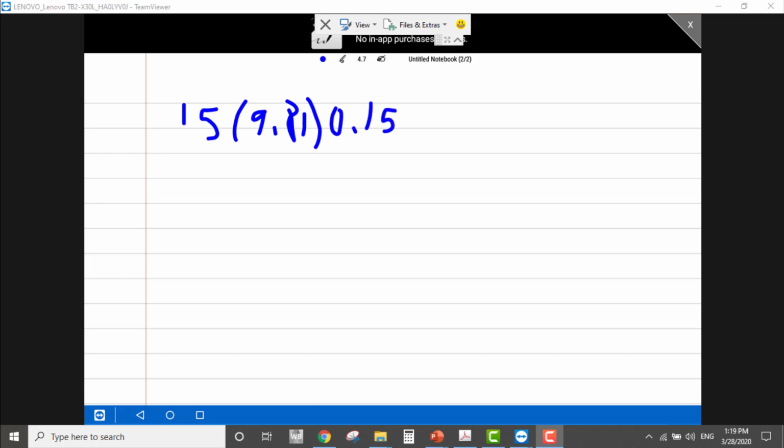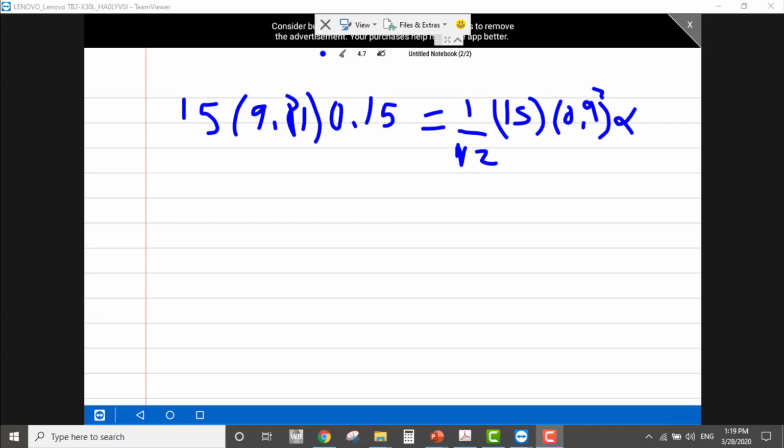And this is equal to 1 over 12 multiplied by 15, which is m, multiplied by length, which was 0.9 squared, multiplied by alpha, plus alpha multiplied by mass 15 multiplied by distance, which is 0.15 squared. Okay, alpha m r squared.